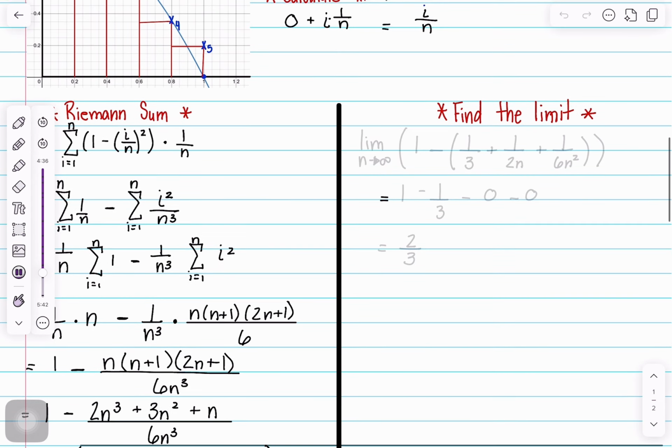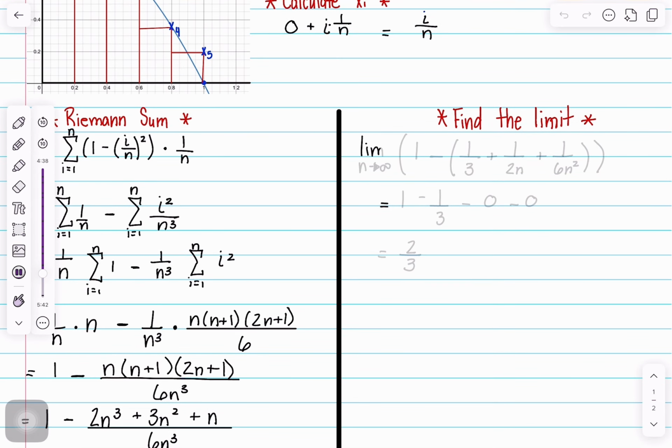To find the area under the curve, we will be finding the limit as n approaches infinity of the remainder of our Riemann sum. So that will be 1 minus (1/3 plus 1/(2n) plus 1/(6n²)).